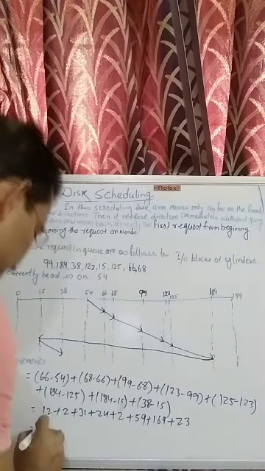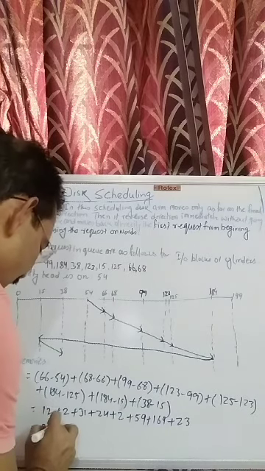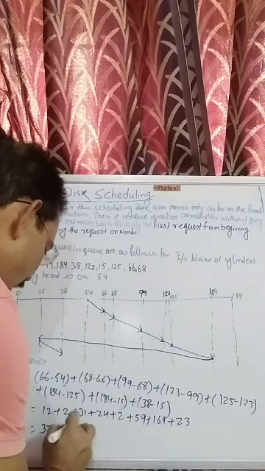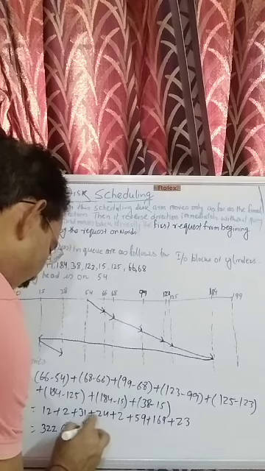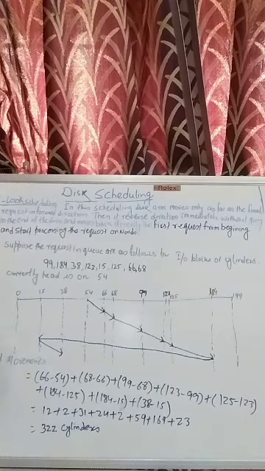That is, the total head movement is 322 cylinders in the C-look scheduling algorithm. This is all about this scheduling algorithm.